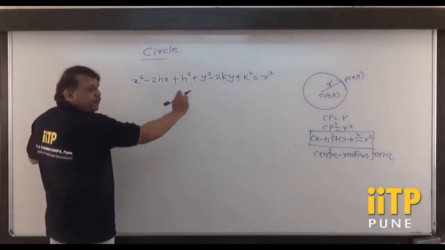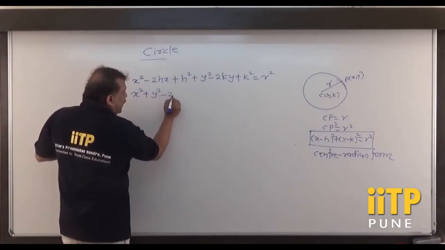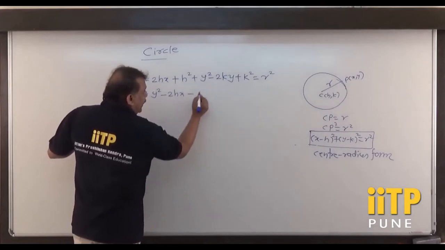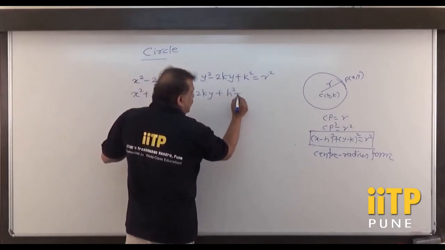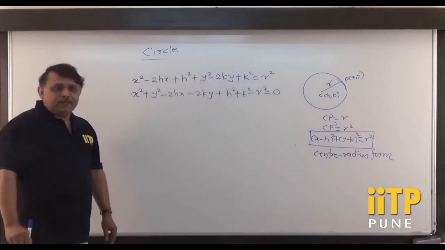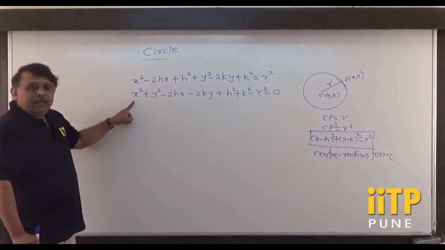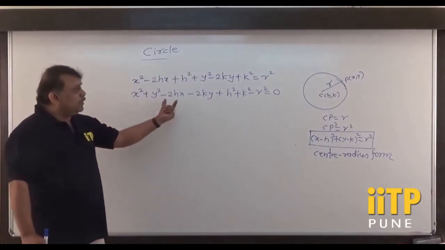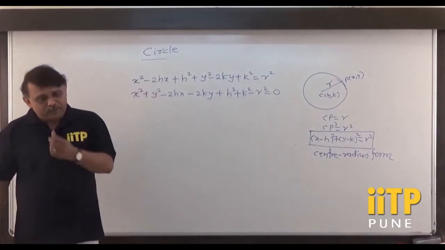Let us rewrite this equation as x square plus y square minus 2hx minus 2ky plus h square plus k square minus r square is equal to 0. This equation is written now with initially x square, then y square, then the term in x, then the term in y, then all constants together equal to 0.